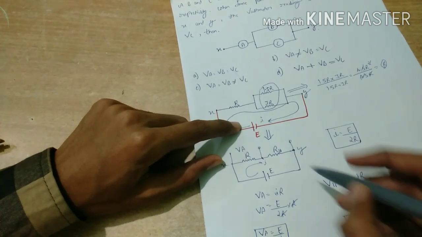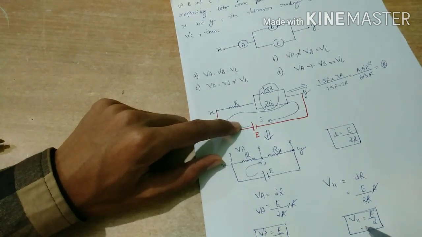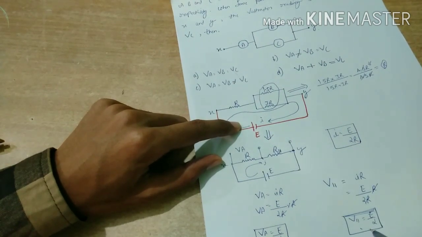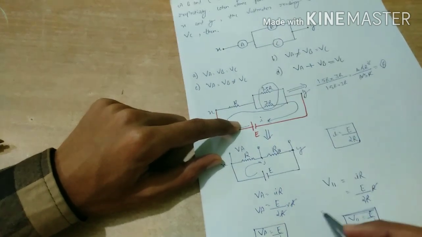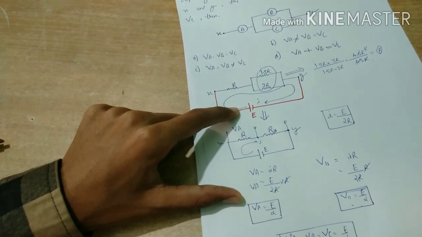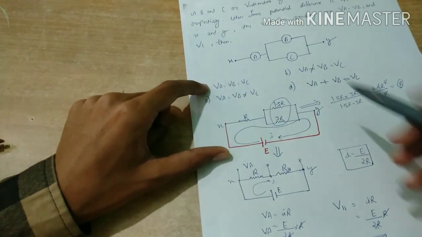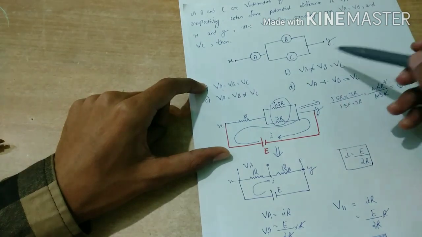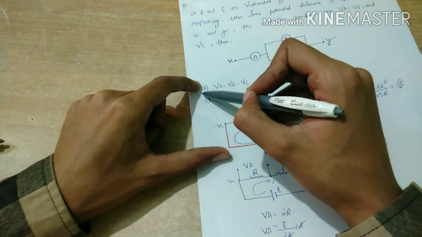The voltage difference across the parallel combination of these two remains the same. So we get VA equal to VB equal to VC equal to E by 2. So among the options, only option A is correct.